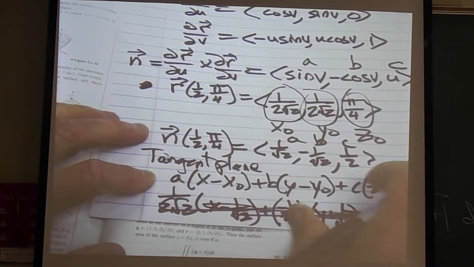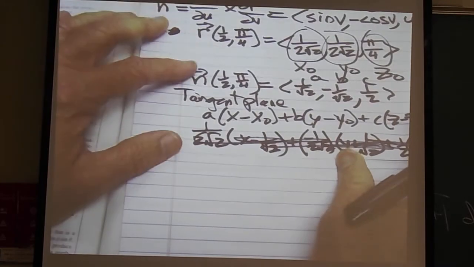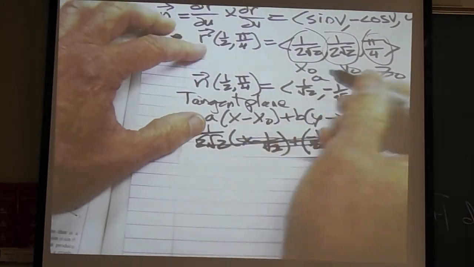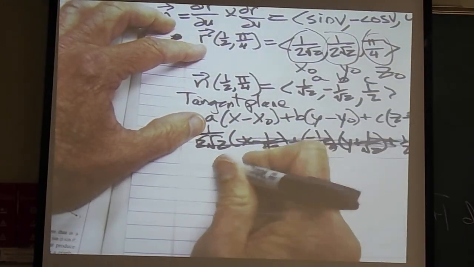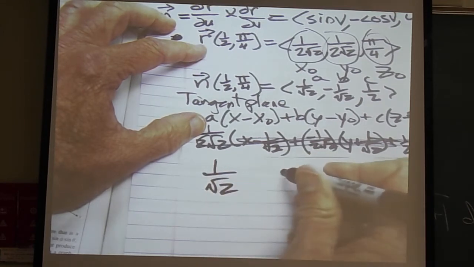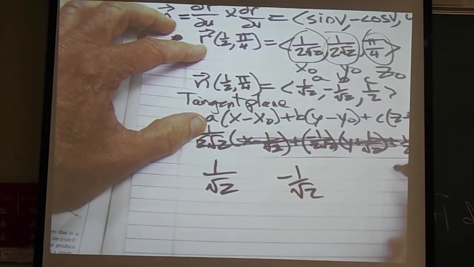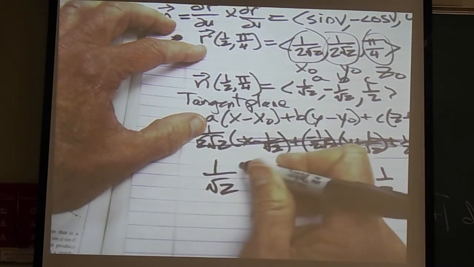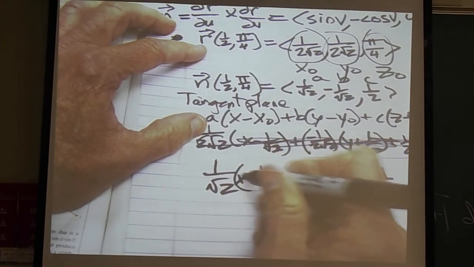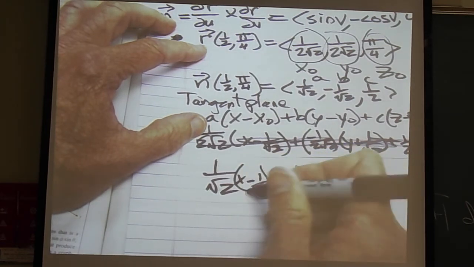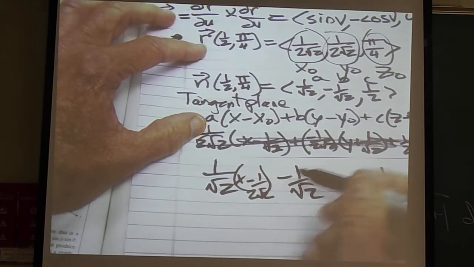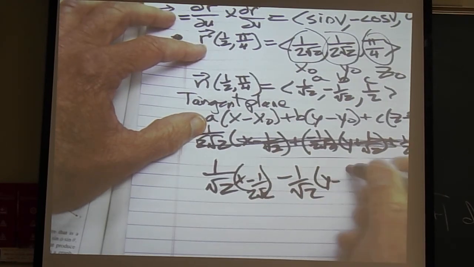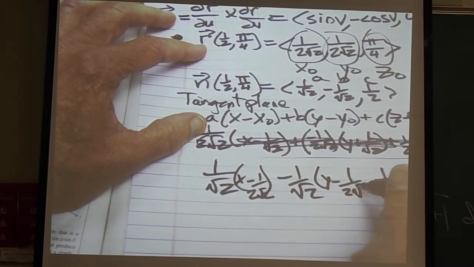Let's try again. One more time, sorry about that. You've got to put the components of the normal vector a, b, c in: 1 over square root 2 is a, minus 1 over square root 2 is b, 1/2 is c. And then this multiplies x minus x0, which is x minus 1 over 2 square root 2. This multiplies y minus y0, which is y minus 1 over 2 square root 2. I'm sorry, this pen is so big it's hard to write.